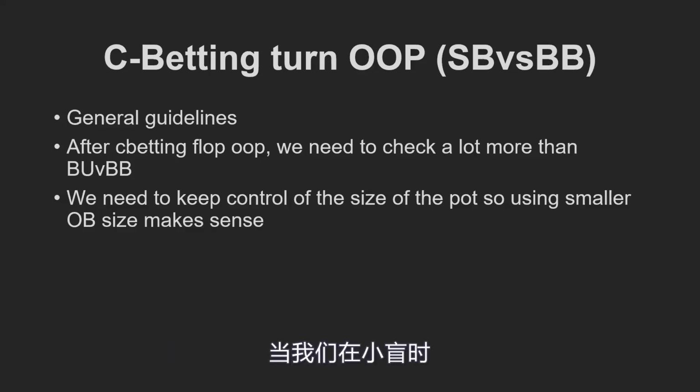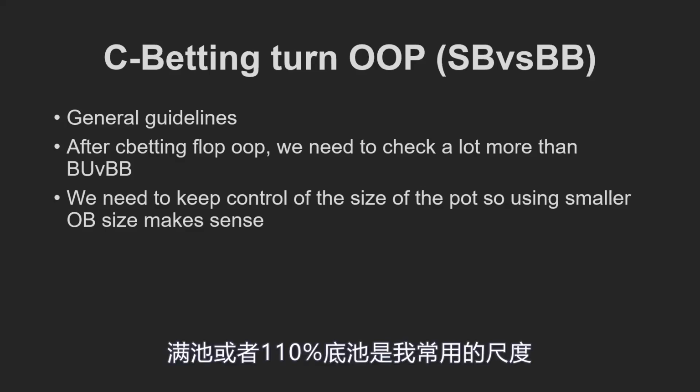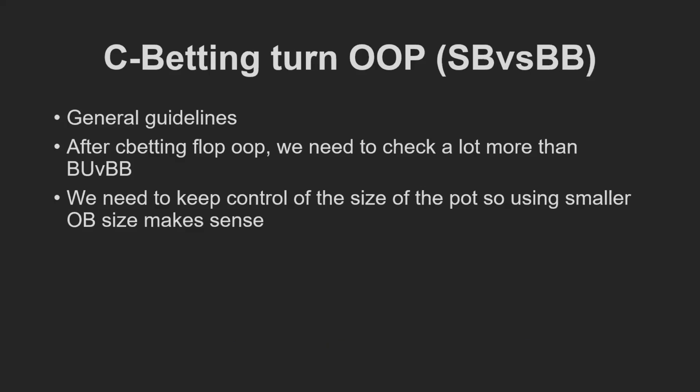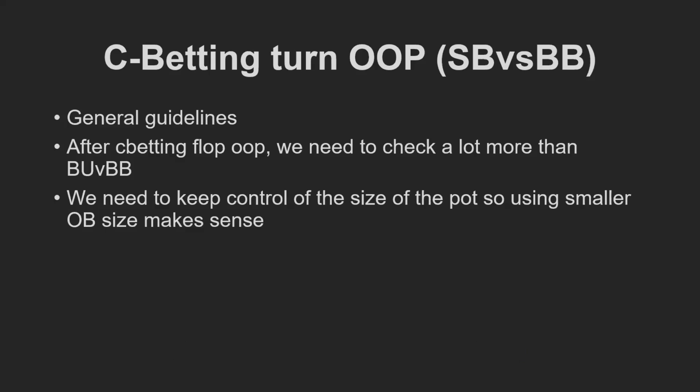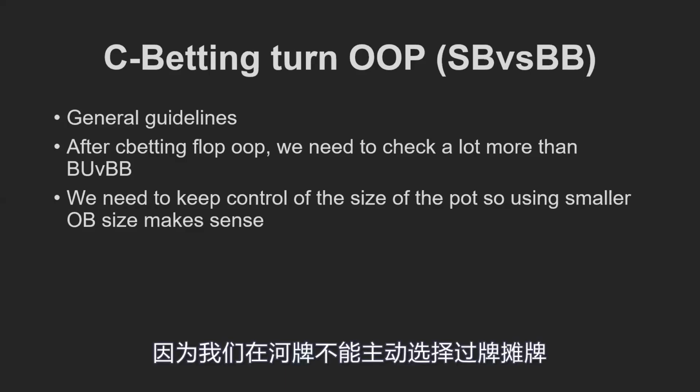When I'm on the small blind, I usually stick to a 110 overbet, pot size to 110, when I want to use a big size out of position. So I'm polarized, but I don't want to make the pot too big, because it's going to be hard for me out of position, since I don't have the luxury to check back.